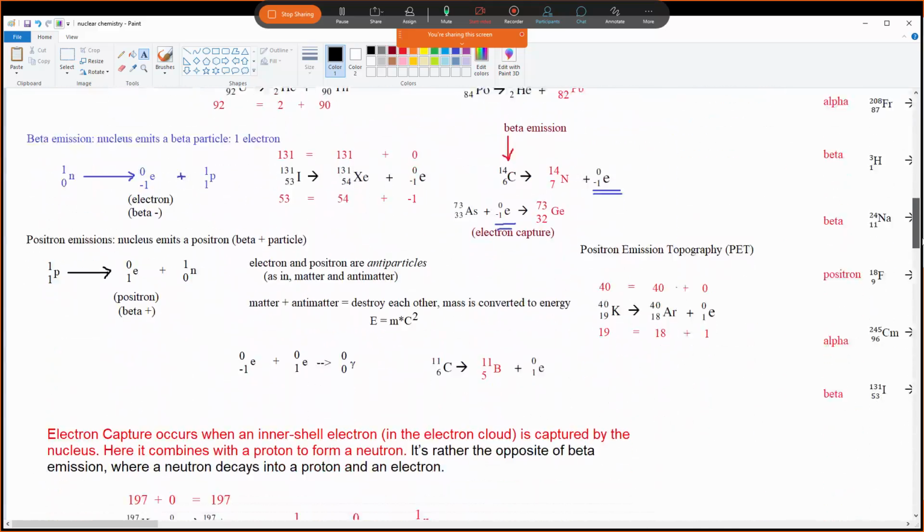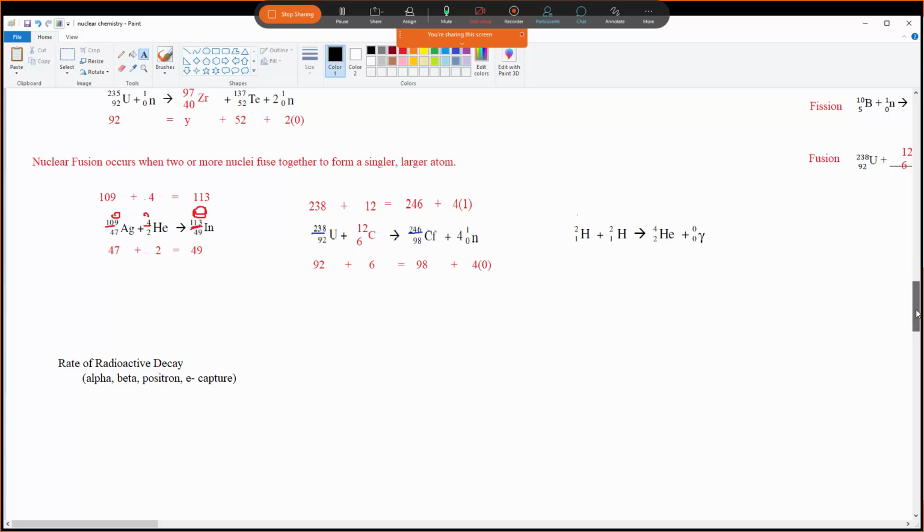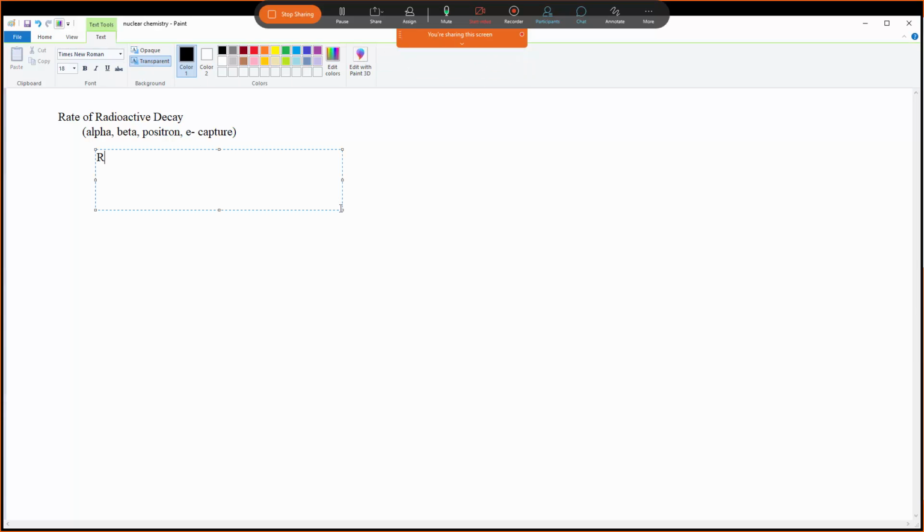Fission and fusion are kind of the only ones where you can force it to do something different, but that's not a natural decay event, okay? So in terms of rate of radioactive decay, we measure these in half-lives.